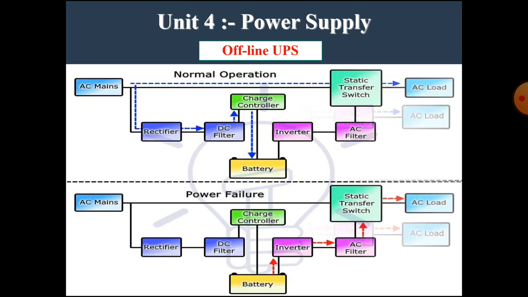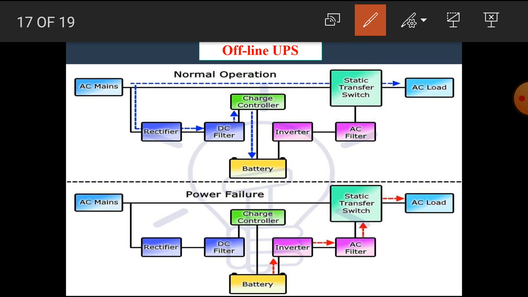Let's see once again. In offline UPS, the operation can be explained in two modes, that means normal operation and power failure operation. While the AC mains is available, the AC mains is connected with the AC load through a static transfer switch. At the same time, the AC mains is used to charge the battery through the rectifier, filter and charge controller.